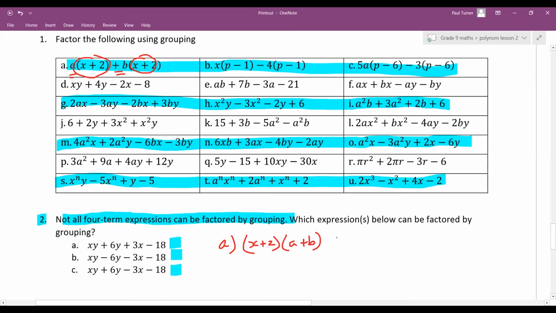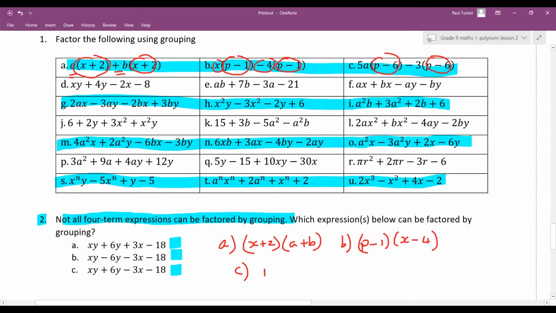Okay, and then question B, you've got your common factor, which is p minus 1. So luckily these first 3 are already partially factorized for you anyway. So then you've got p minus 1. And you are left with x minus 4. For question C, again, your common factor is p minus 6.